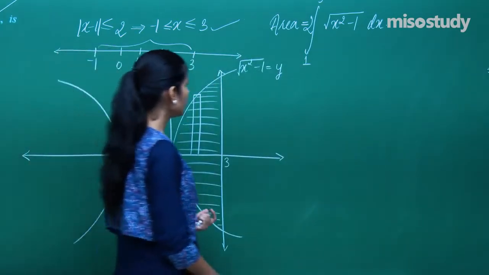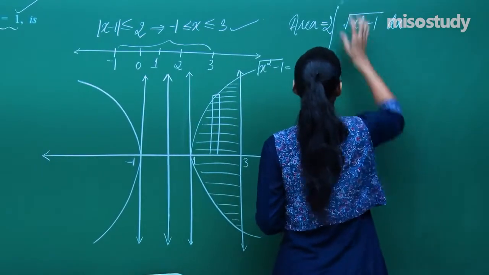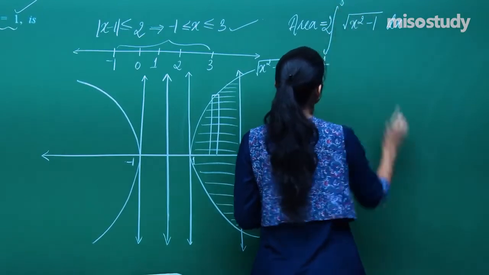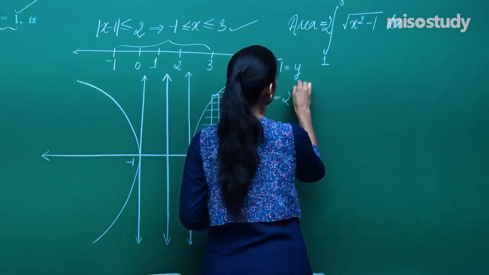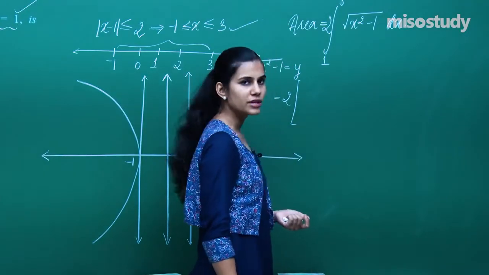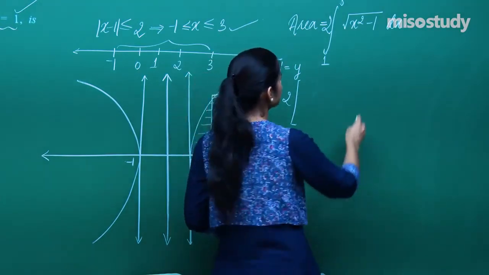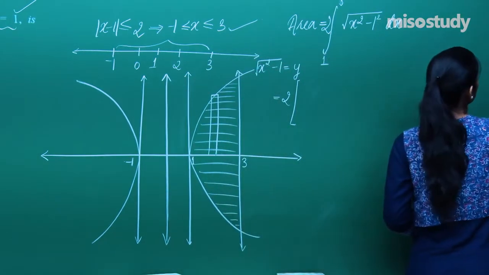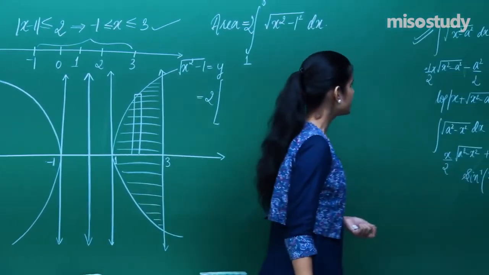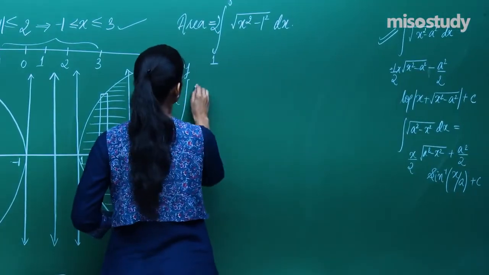Okay guys, so once we have decoded what area we need to find, let's plug in the formula and get ahead with the computation of the area. This is twice the integration of under root x square minus 1. I can consider this as under root x square minus a square. Integration of under root x square minus a square is 1 by 2.